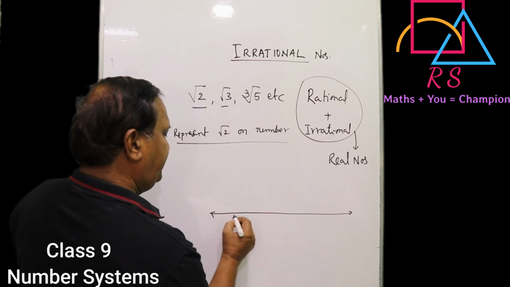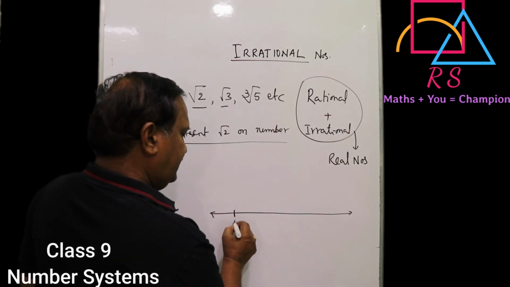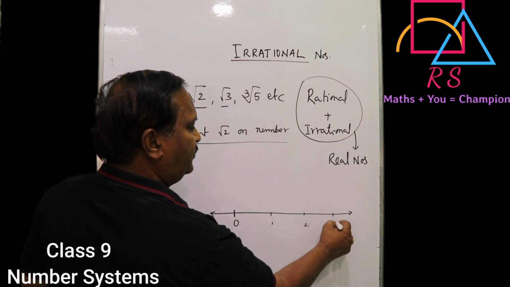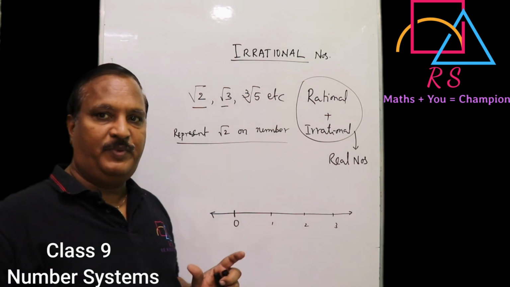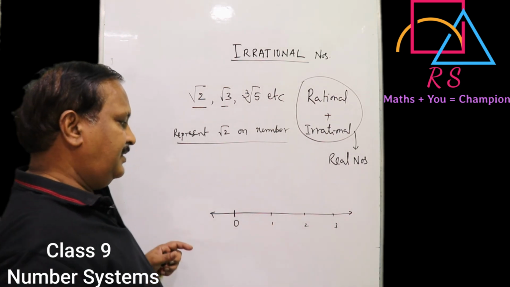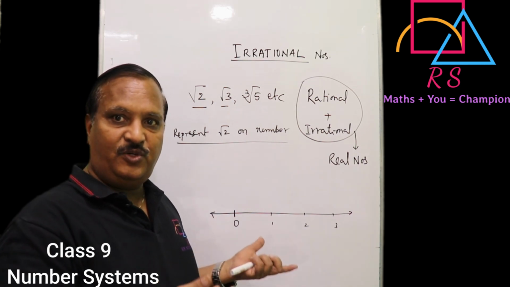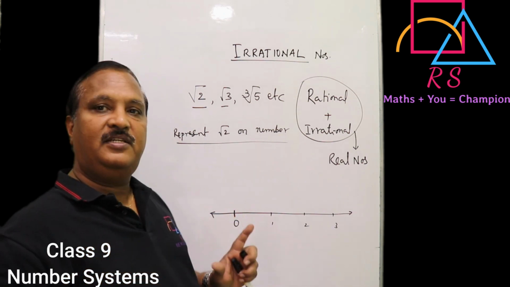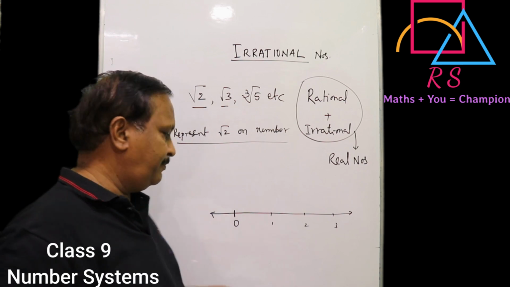I am just giving you in short. So 0, 1 and 2 and so on. You can do it geometrically also, right? I am explaining without geometrical instruments, but I advise you to do this using the geometrical instruments, because I am going to explain step by step.